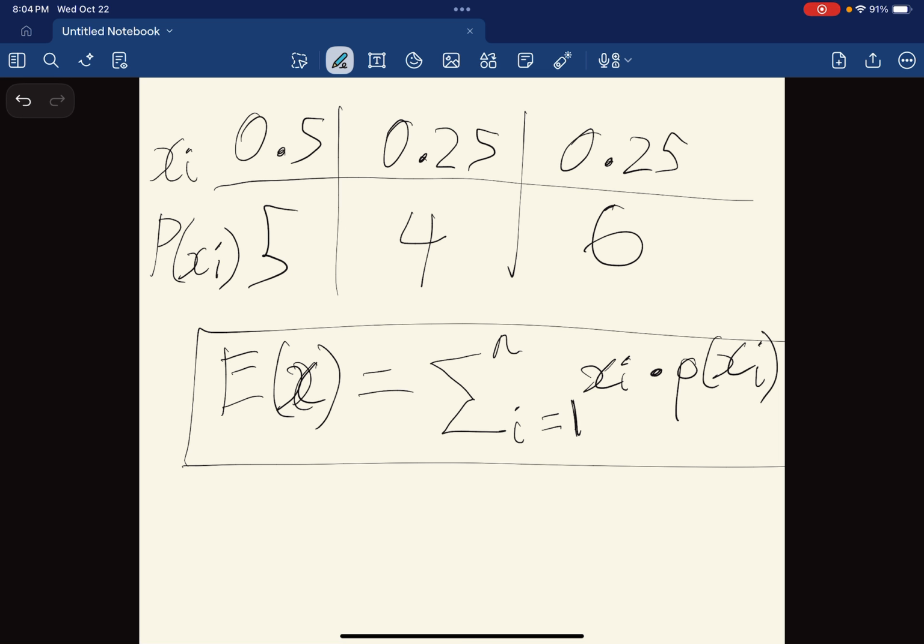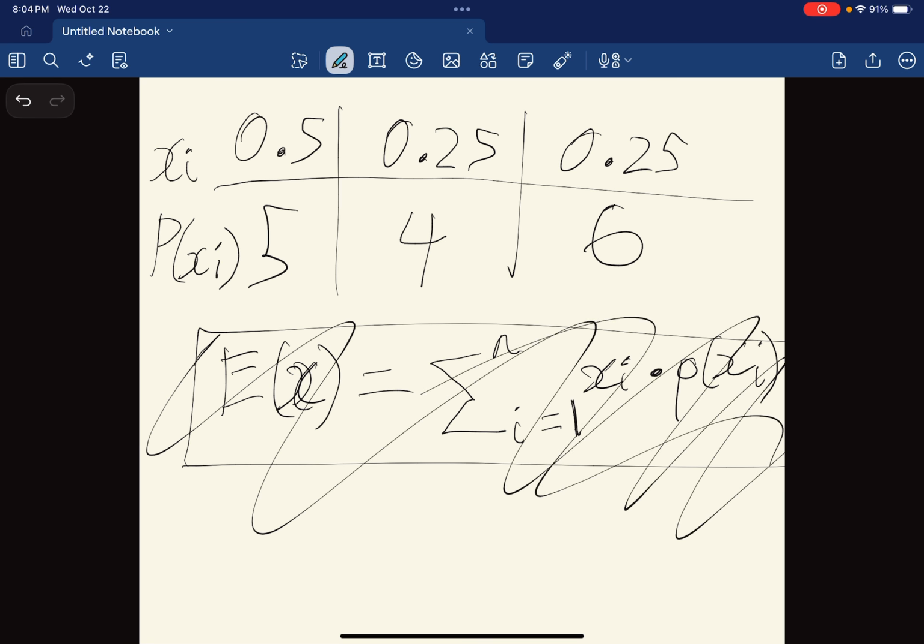And nothing too crazy, but you don't want to memorize this, because it's another formula to memorize, and especially if you forget it, it's just a pain to try to work out.